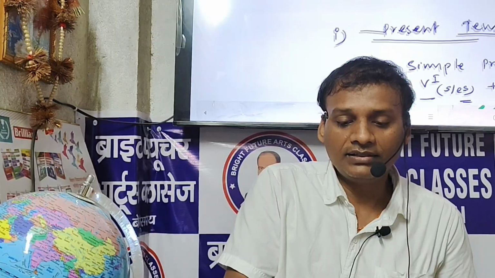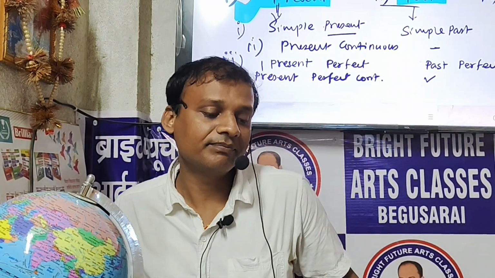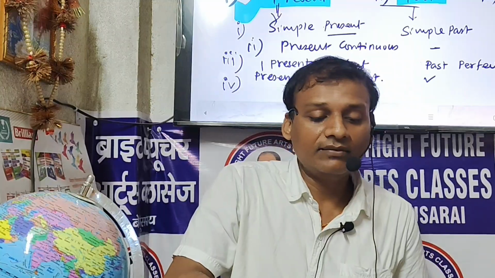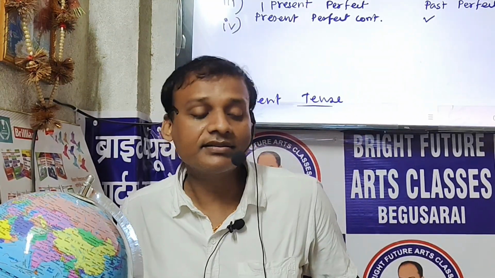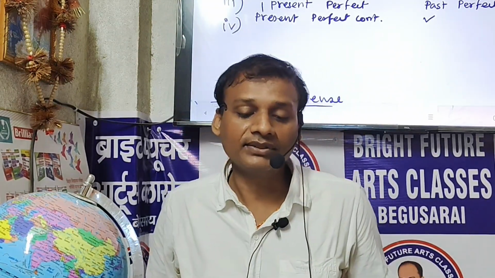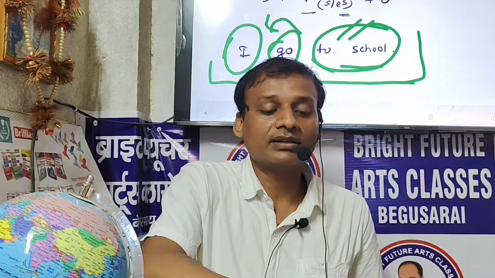See, the question is what? You can see there on the board: present, past, future, three kinds of tense. For each kind of tense, we have four sub parts. Simple present, present continuous, present perfect, and present perfect continuous for present tense. Similarly, we have them for the past and future. Okay, I am taking first the present, that is simple present tense. The structure will be what?